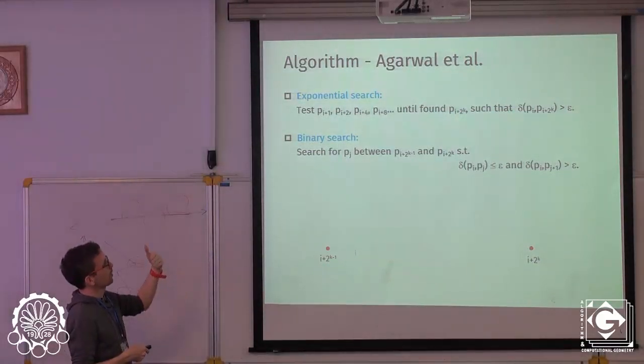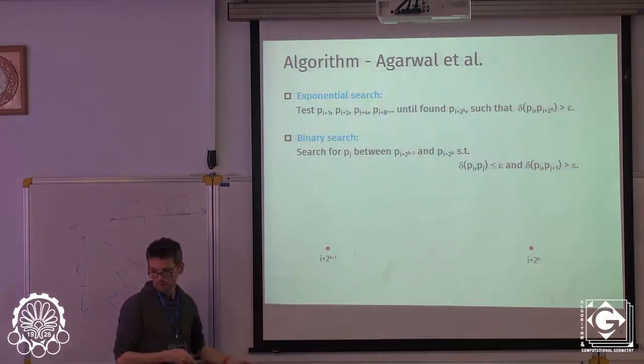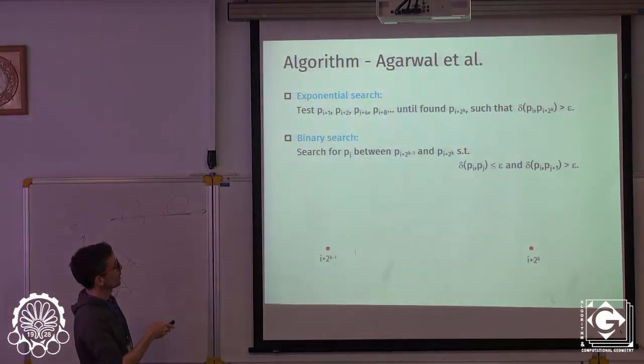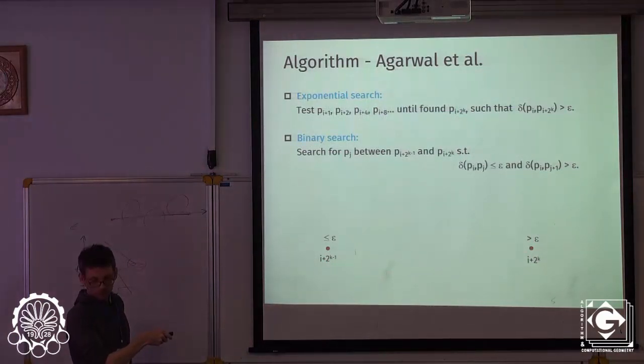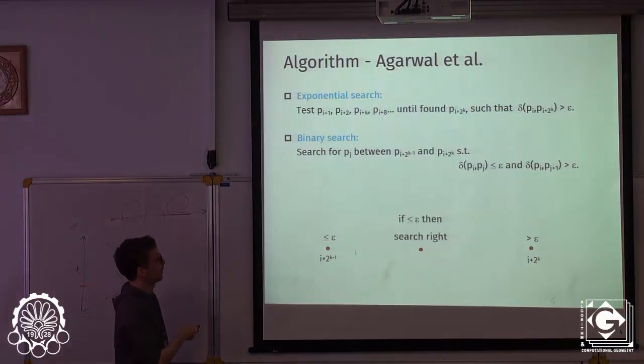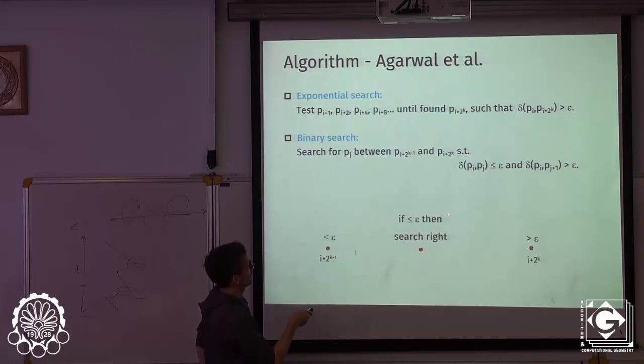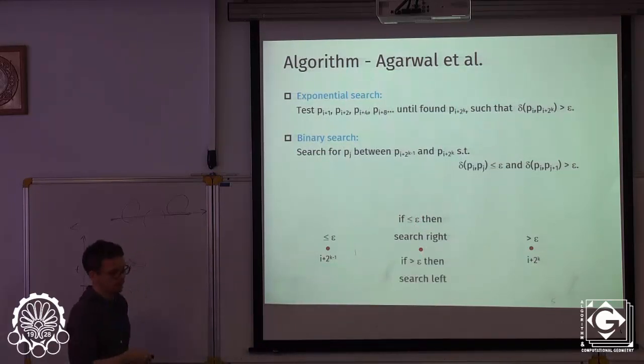Now I'm going to do a binary search on this interval. If the distance is smaller or equal to epsilon, I search to the right, otherwise I go to the left.